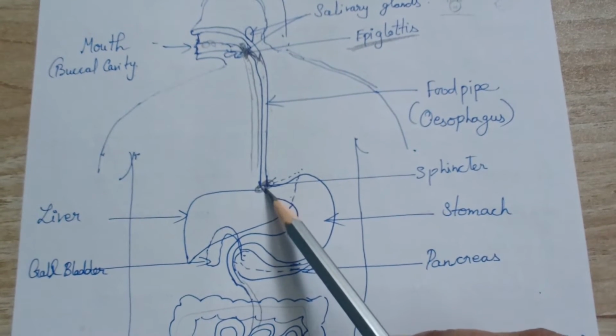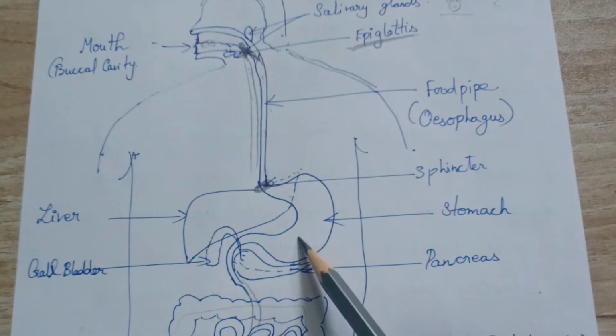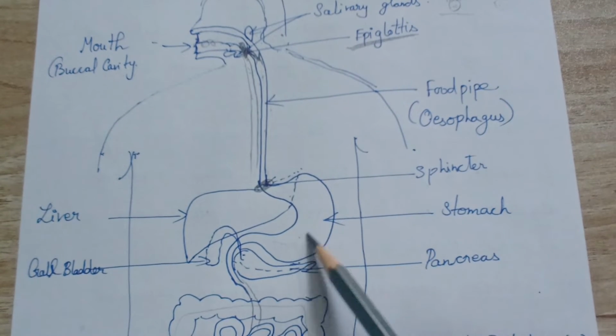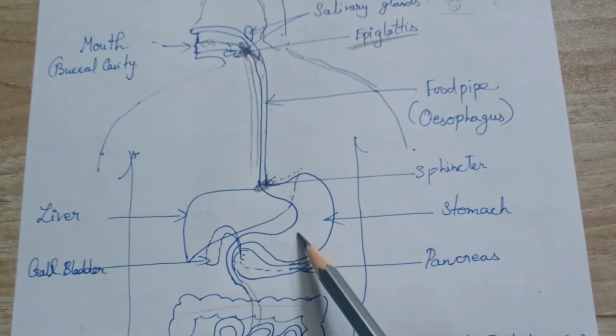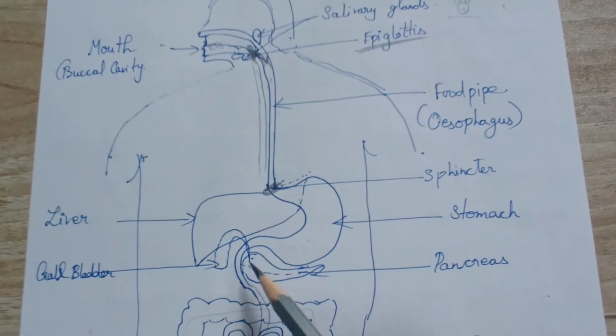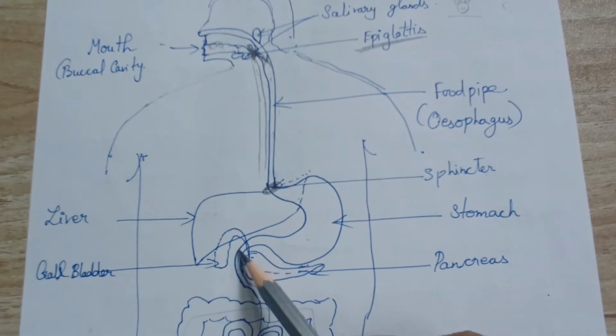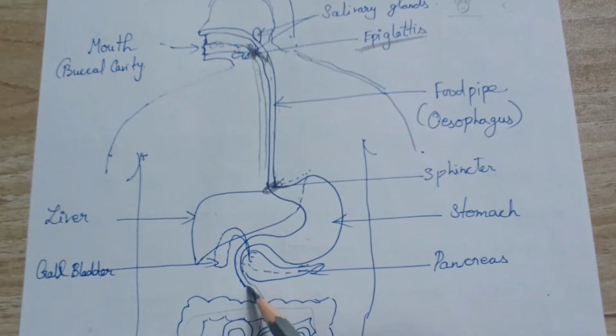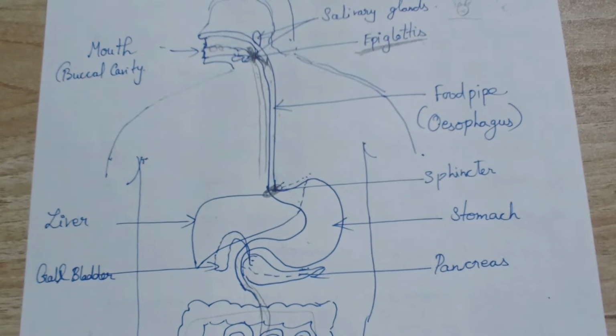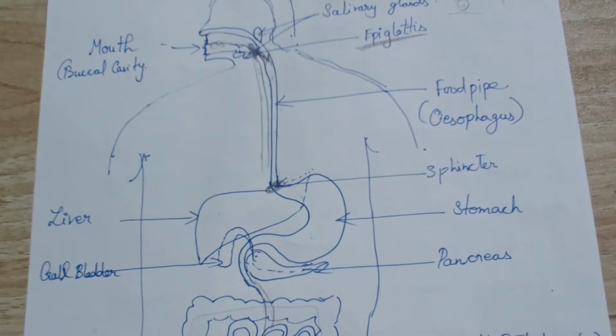If required, it will open and allow the food to enter the stomach. Once it is partially digested, at the exit of the stomach you will have sphincter muscles, and they will allow the food to enter into the small intestine. Please bear with my diagram, I roughly drew that one.